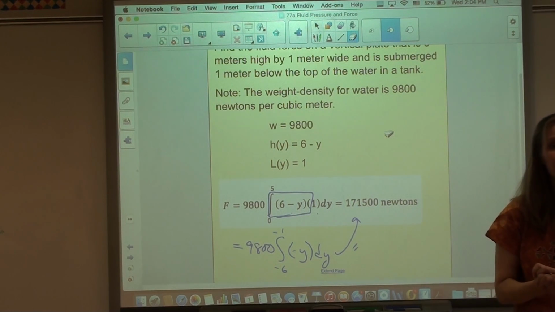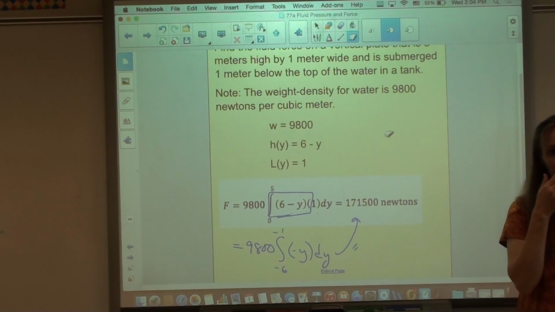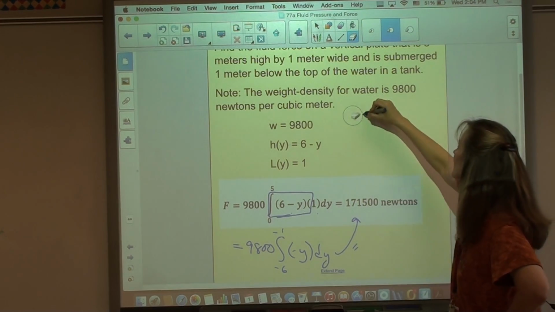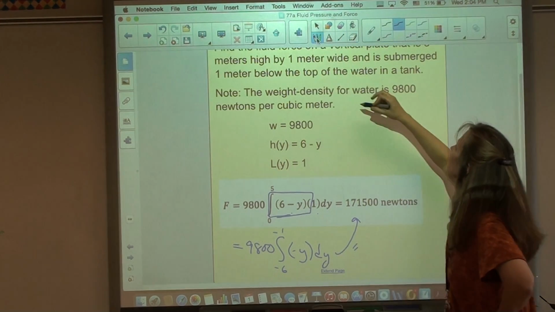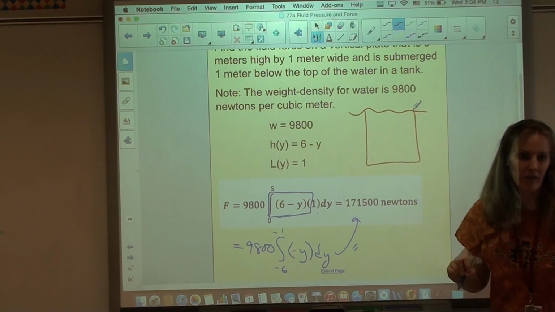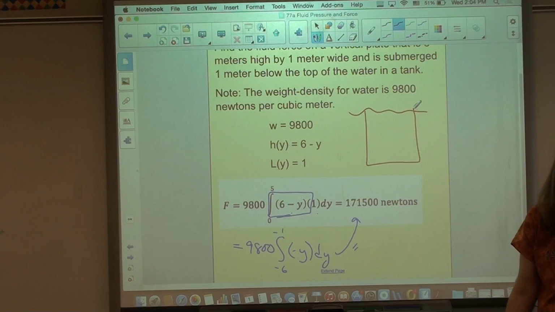If it's submerged, and there's no distance between the top of the plate and the surface of the water, say that's your plate. You could technically just do the integral of y dy.